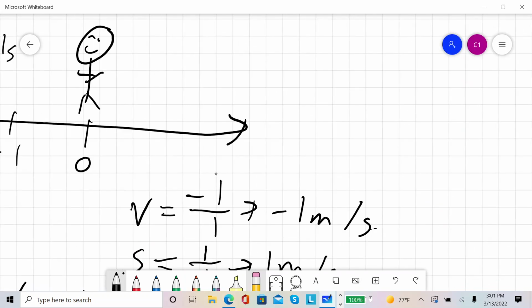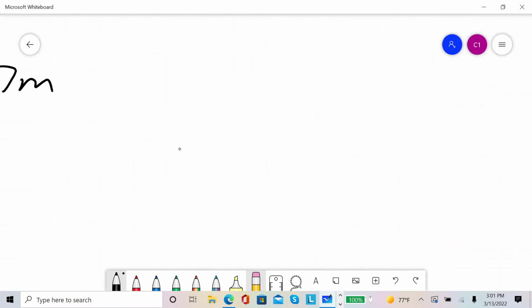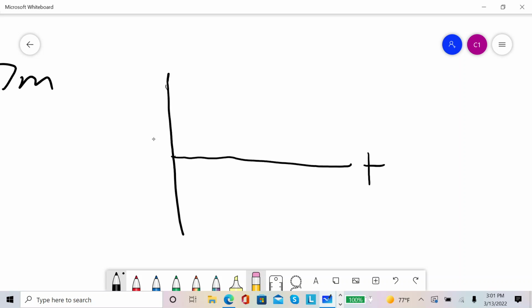All right, so now that we've defined the different concepts, let's go over the graphs. For the graphs, I'm just going to draw some basic graphs. So let's say we have something like this. This is time. We're going to use x here. This is just going to be our position time graph. So let's say that this is 5, 0, -5.